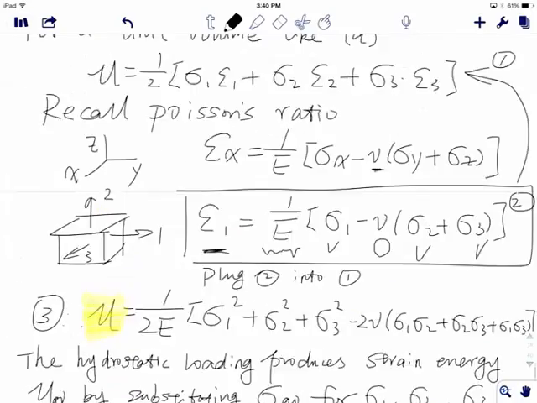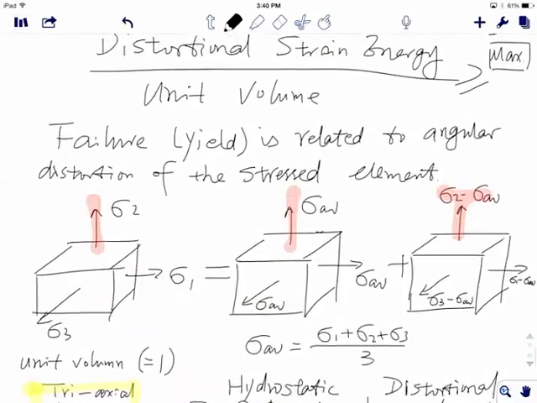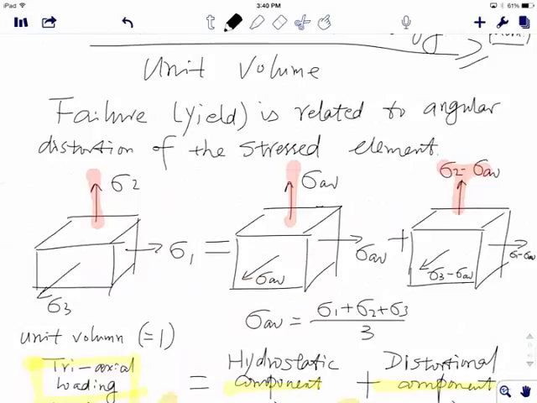Now, by definition, if you have the same stress on three axes, this should equal what? Zero. All zeros, right? Because if you have 10 megapascal here, 10 megapascal here, and 10 megapascal here, what is the average? 10, right? 10 minus 10, 0. 10 minus 10, 0. 10 minus 10, 0.